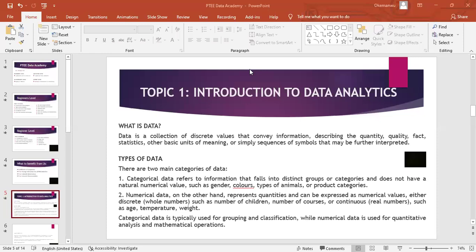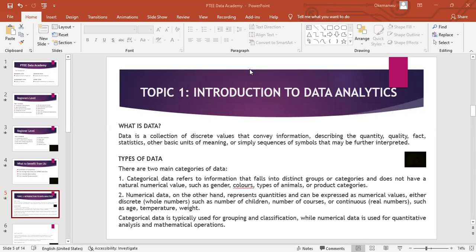So that is what data is all about. So anything that can be used for further interpretation, that conveys meaning, has information, that describes maybe the quantity of something, the quality of something, that gives you information about fact, what has happened, or what is happening based on the information on ground. That is what we call data.